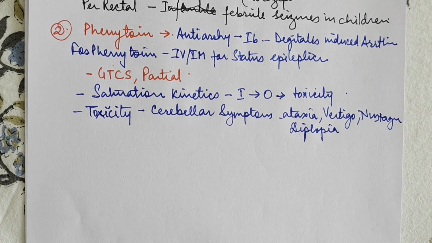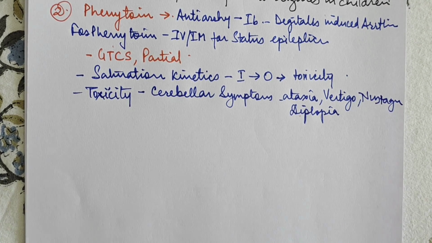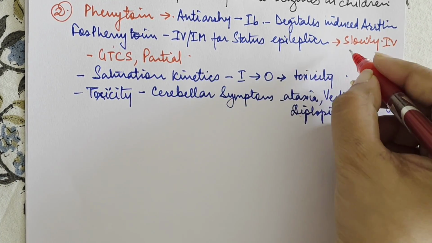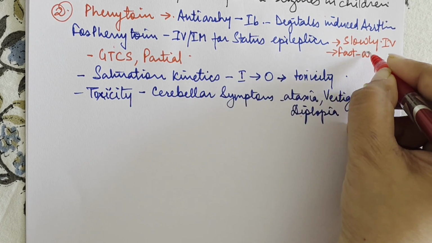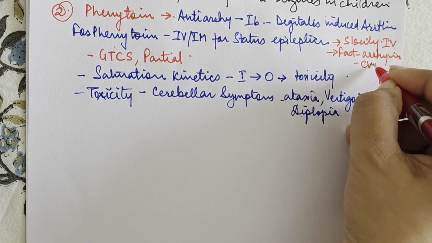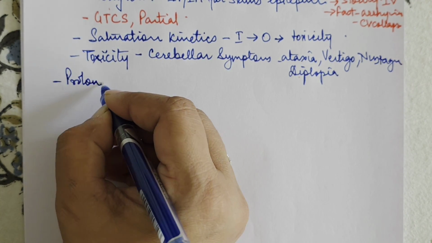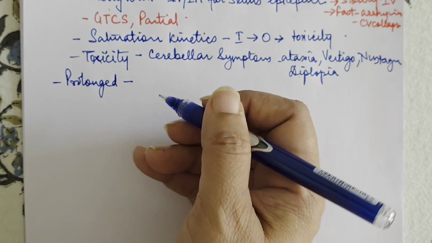So these are the symptoms which the patient usually presents with. Then about fosphenytoin, it is important that it has to be given as a slow IV infusion. If you give it fast, then it can result in arrhythmias and cardiovascular collapse. Okay. Then when this drug is used for a prolonged duration, prolonged use of phenytoin can result in a lot of side effects.